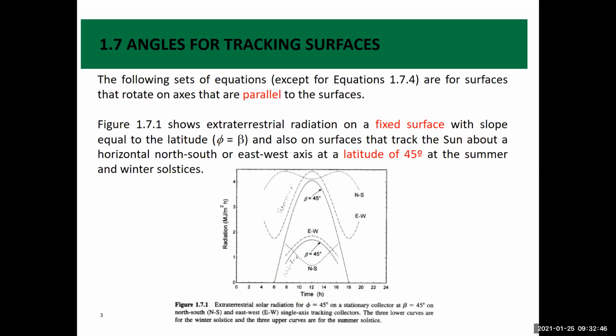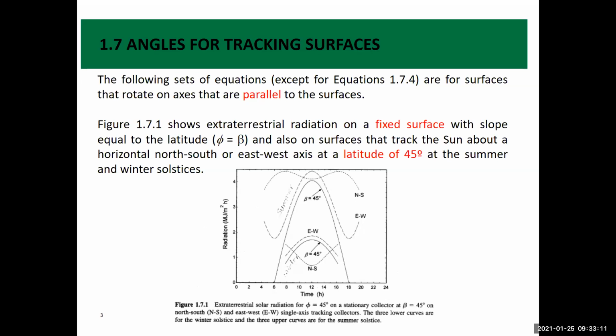Here the interesting argument given by this figure is that it is showing extraterrestrial radiation. Extraterrestrial, again, is the solar radiation which comes before it enters the atmosphere, before it gets attenuated by sand particles or clouds or water vapor.